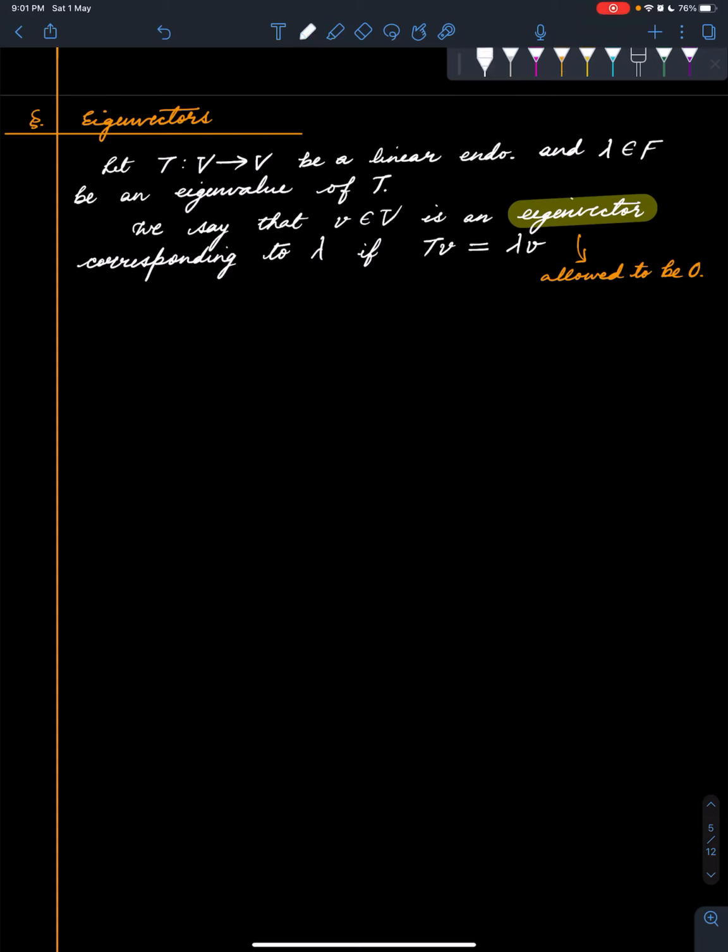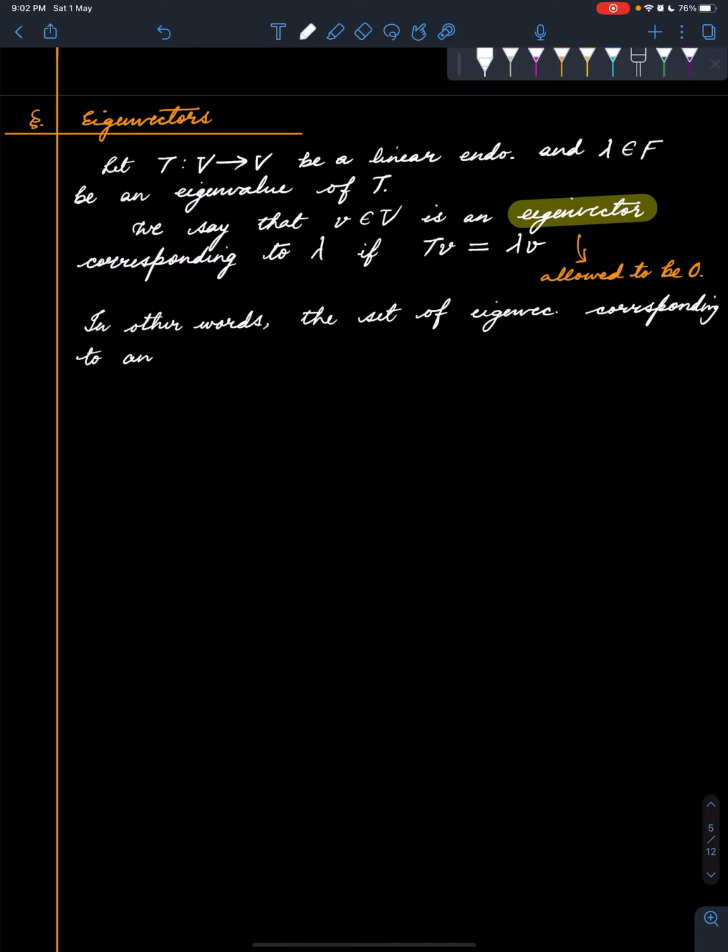So in other words, the set of eigenvectors corresponding to an eigenvalue lambda of T is nothing but the kernel of T minus lambda I. That's precisely the set of eigenvectors of an eigenvalue lambda.